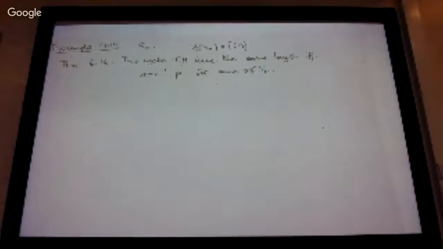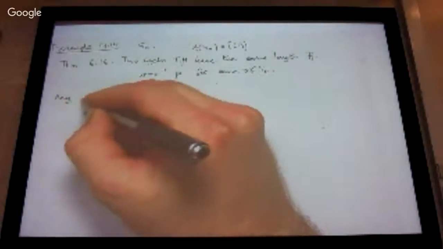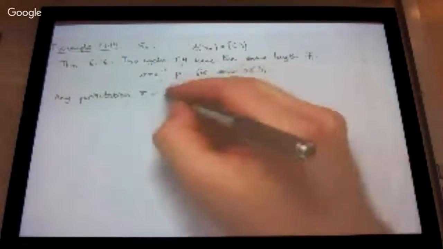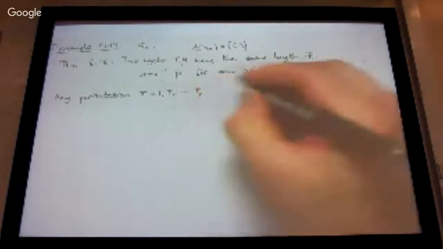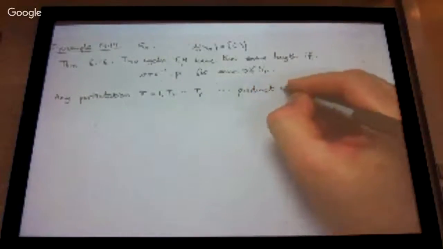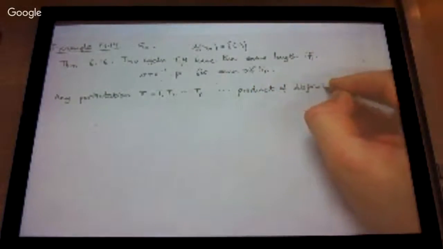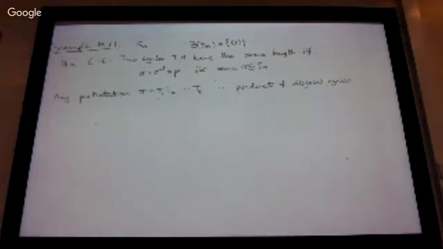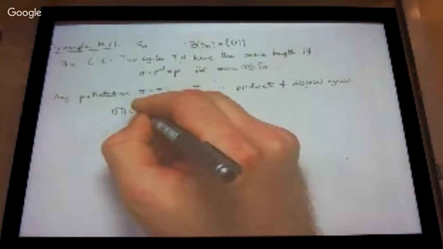Right? So then what is sigma pi sigma inverse?